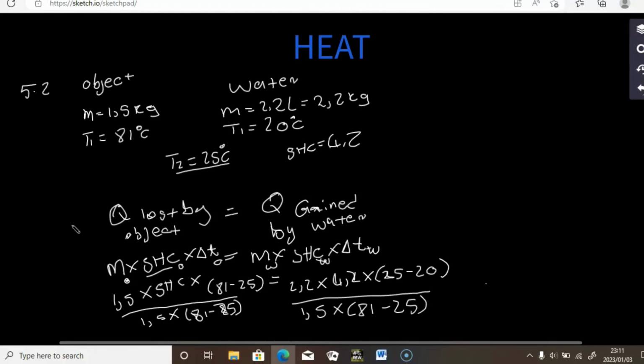And that will give us a specific heat capacity that is equal to 550 joules per kg.